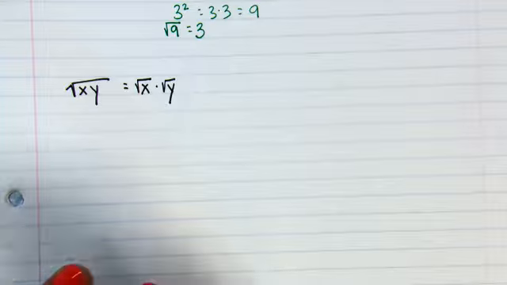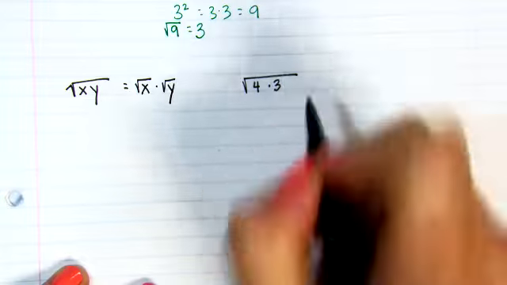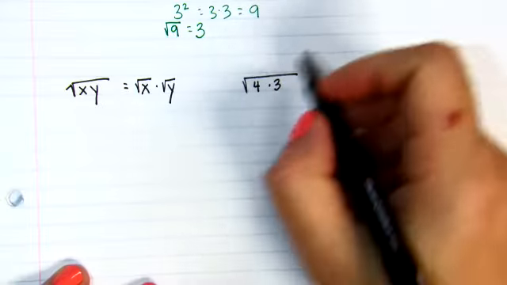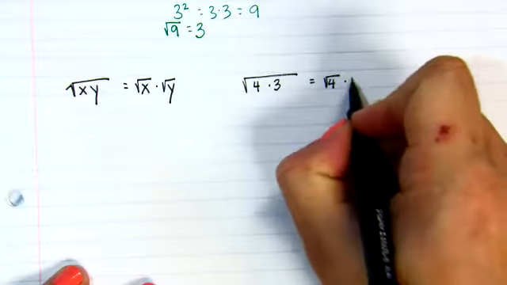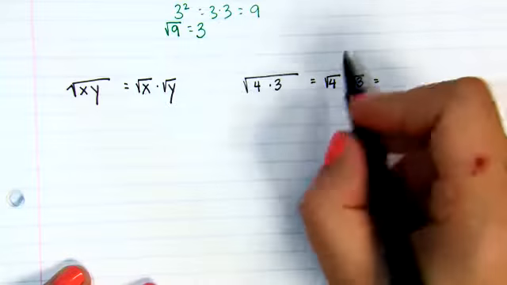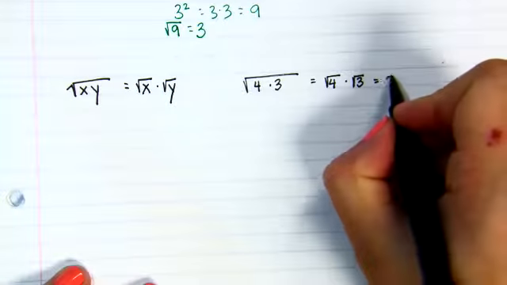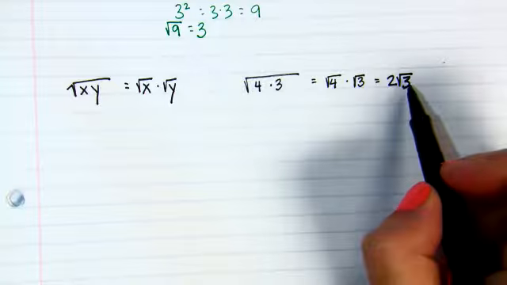So what that means is if I had something like the square root of 4 times 3, I could break this into the square root of 4 times the square root of 3. The square root of 4 is 2 because 2 times 2 is 4. So I could write that as 2 times the square root of 3.